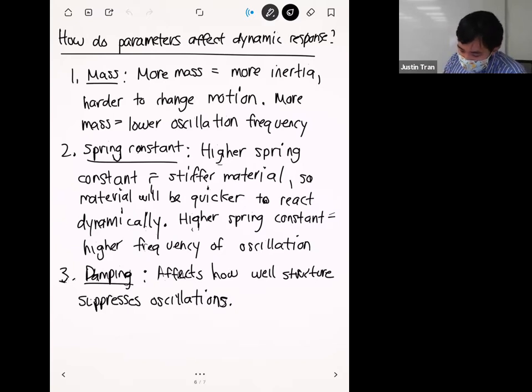All right, any questions on this? Okay. All right, and so that's the general intuition behind dynamic responses. And so now let's talk about how we actually solve these kinds of problems numerically.